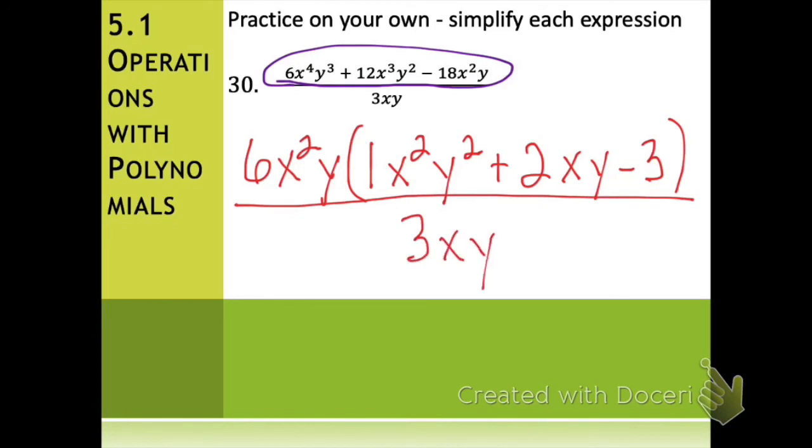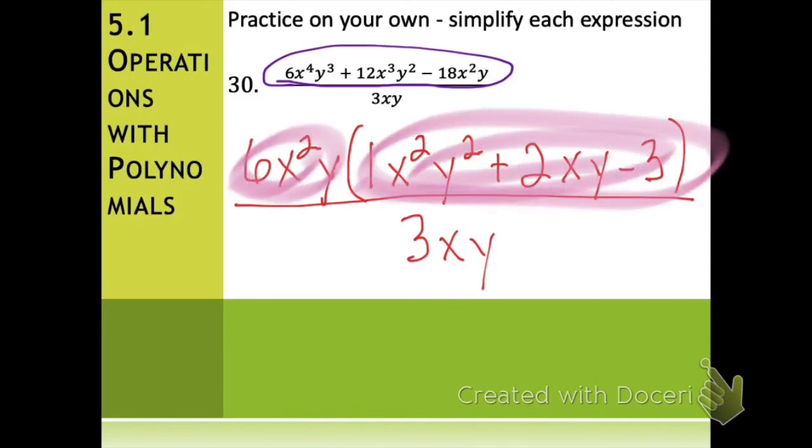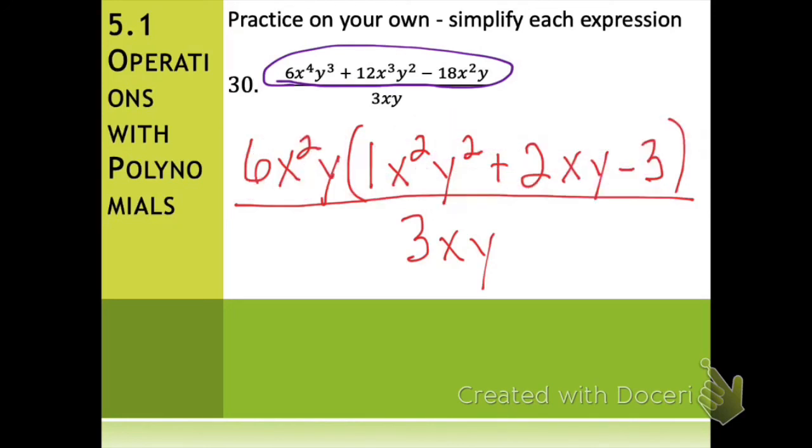Now that I have factored the top, I have it broken up into this factor times this big chunky factor, which is really just two things. I can actually cancel things that are common on top and bottom. So 3 goes into both those. I can change this to a 2, this to a 1.